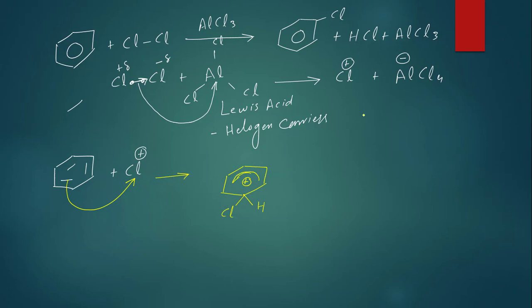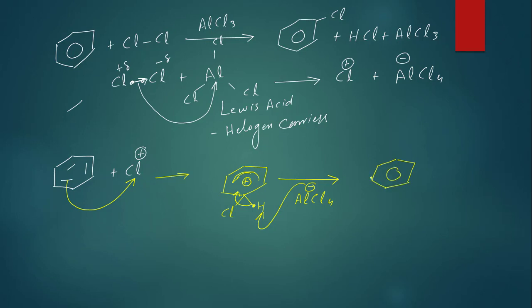In the very same step, this AlCl4 negative charge will attract this hydrogen, and the hydrogen is removed without its electron, so the electrons move back to their position, and we will get the product chlorobenzene.